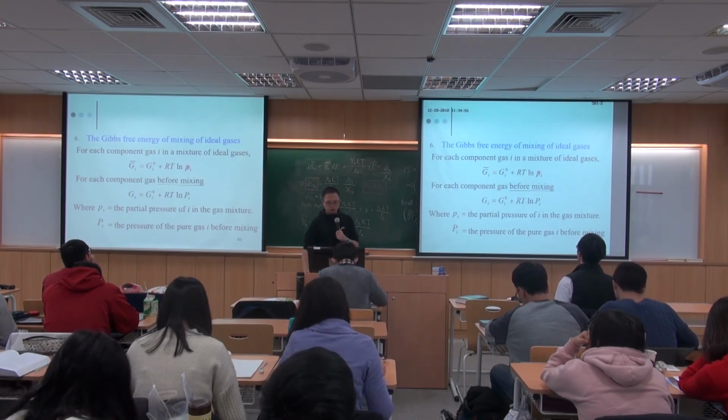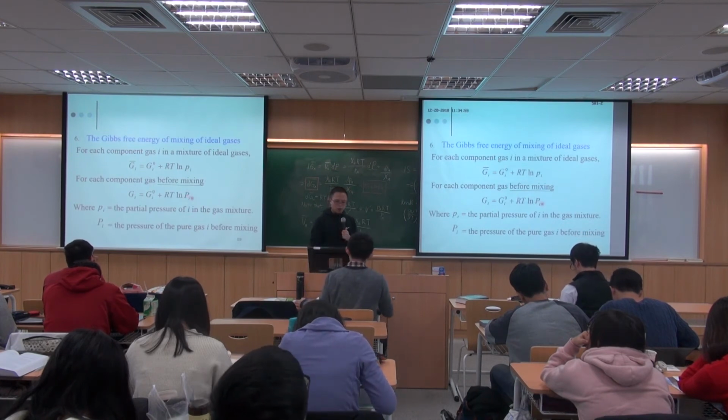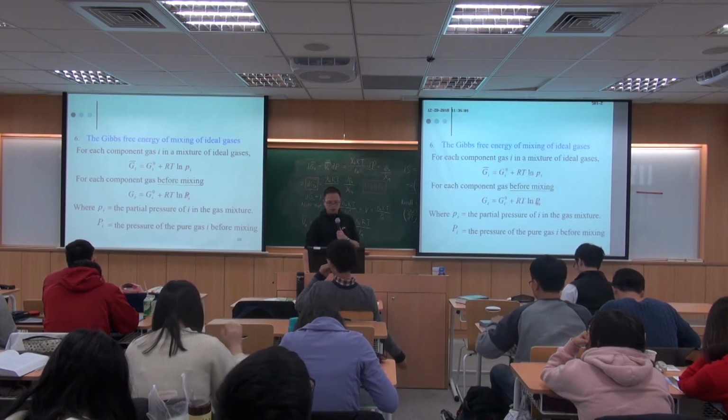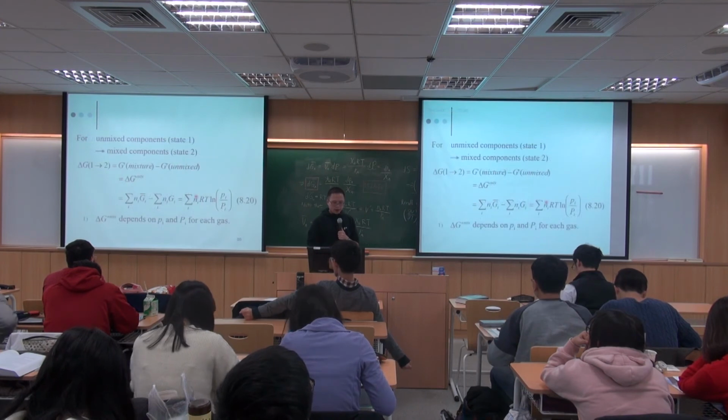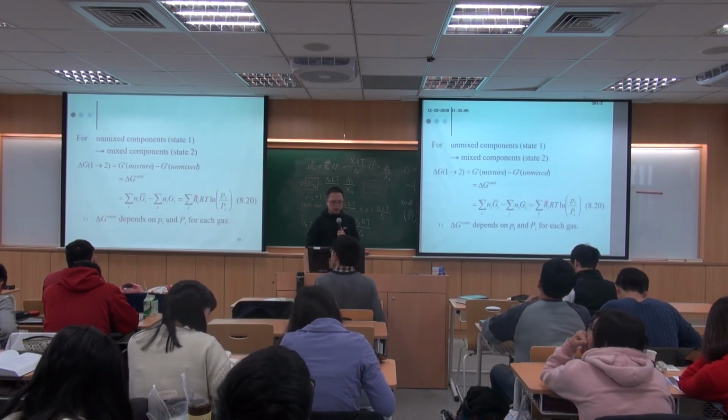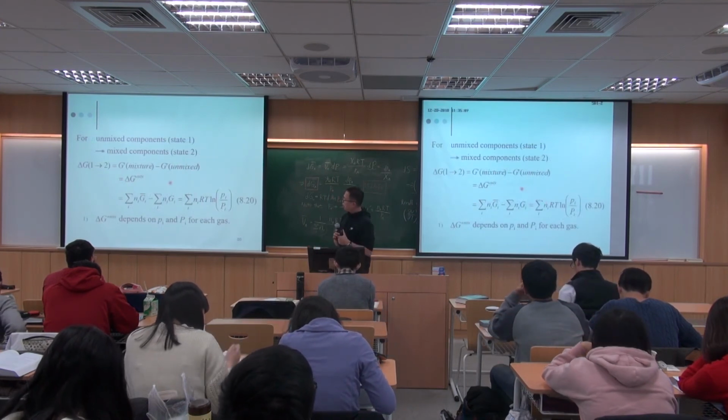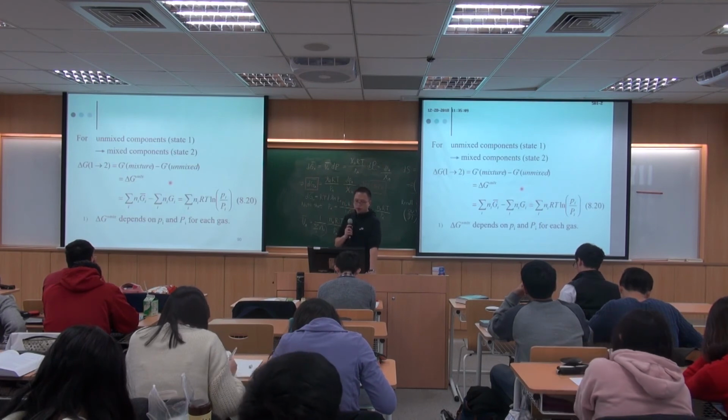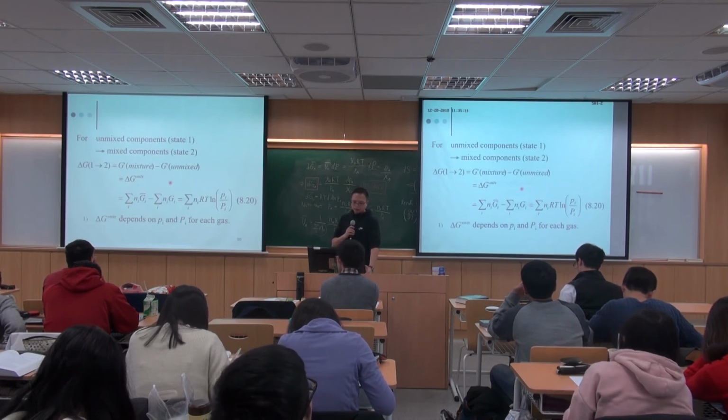So the only difference is this small pi and capital P. Before and after, this is the only difference, and we want to see the change of Gibbs free energy before and after mixing.